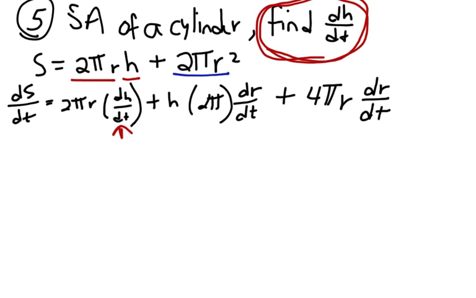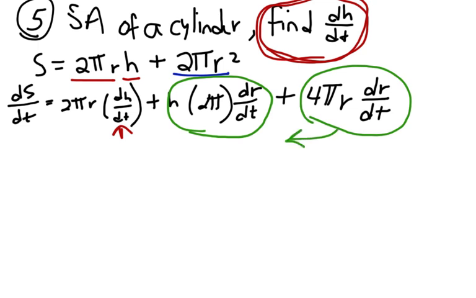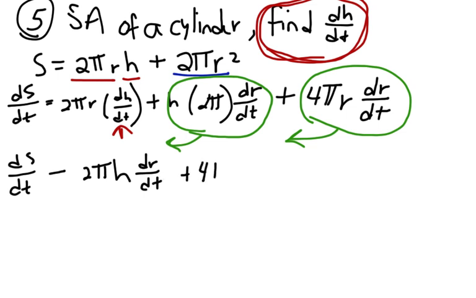So in order to isolate it, that means I'm going to take this term and this term and move them to the other side of the equation away from the dh dt by subtracting them. So that's going to be ds dt, which was already on the left side, minus, I'm going to call it 2 pi h dr dt plus 4 pi r dr. Ooh, I hope you caught my mistake there.